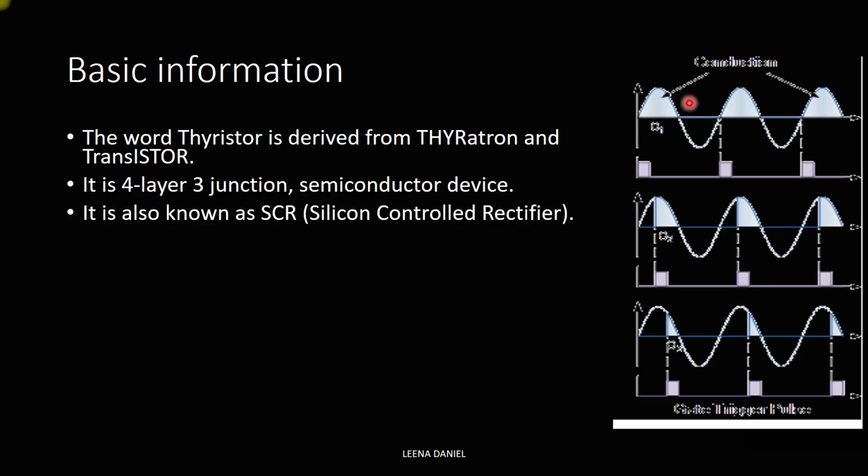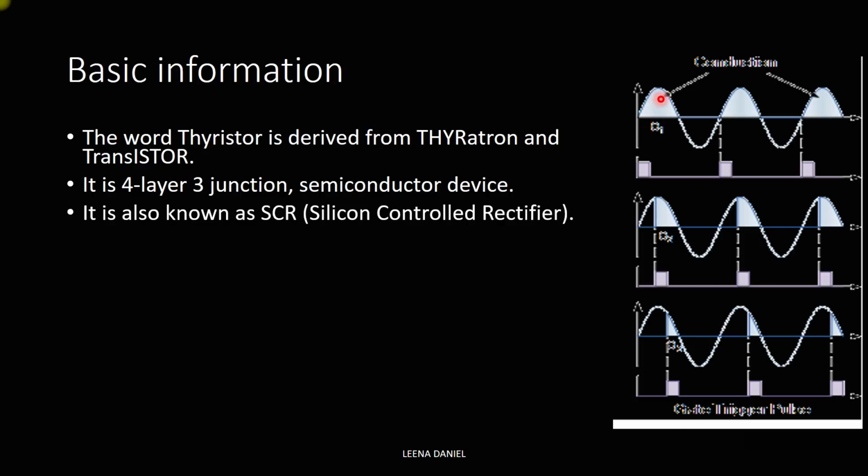See here, a few waveforms are shown. This is the gate signal which we provide at the gate terminal of the thyristor. This is the input waveform. For this input waveform, if we apply the gate signal here, it starts conducting from 0 itself.